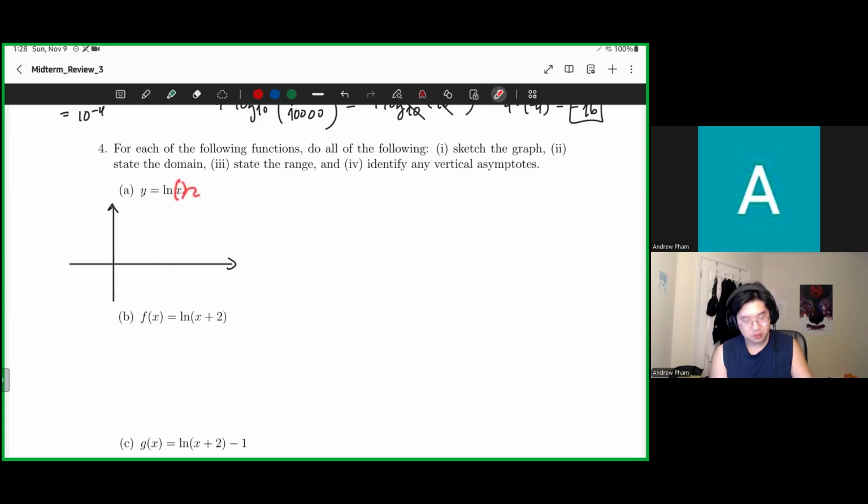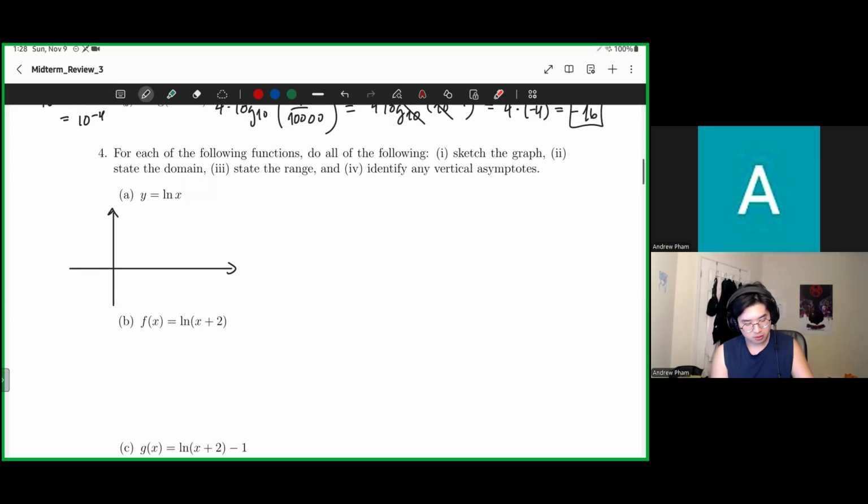Since the argument is just x, as in x minus 0, you have a VA at x equals 0. And so the graph will look something like this. It's just a sketch. You're not graphing it, you're sketching it.